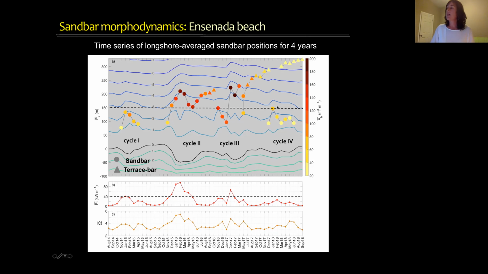And that didn't happen until cycle 4, when this newly formed sandbar migrated offshore, but it didn't cross the cross-shore boundary, so it was able to migrate onshore during the calm wave conditions, and then the beach recovered. So the shape of the shoreline is indicating this, it's a proxy of the recovery of the beach.